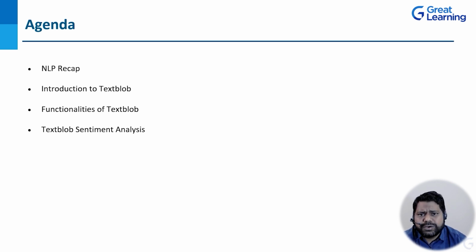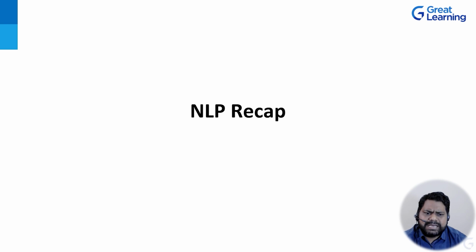Then we will look into what TextBlob is. After that, we will look into the facilities we get with the help of TextBlob. Then we will do a sentiment analysis using TextBlob. So I'm excited, and I hope you are also excited. Let's get started.